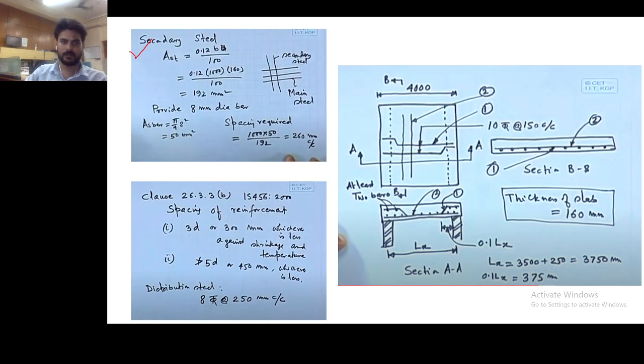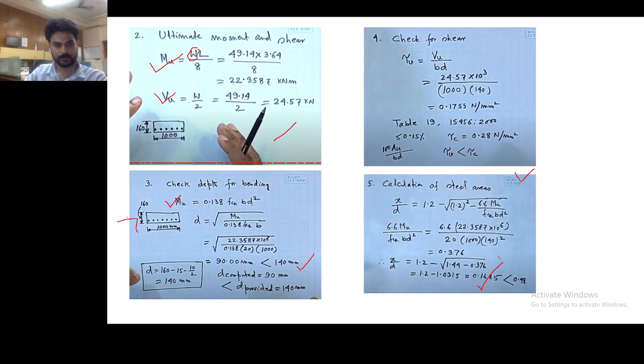So 0.12% of the area, which is 1000 into 160, the total depth, b into big D. This is not the small d, so that's why it is not 140. The small d is from here, so the big D is 160 here, you can see.